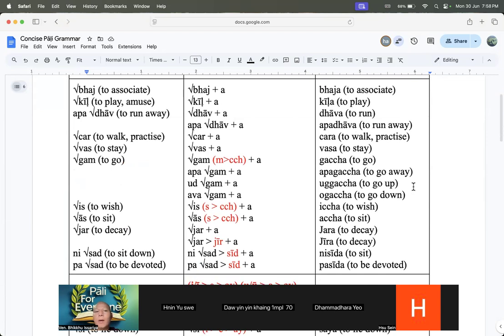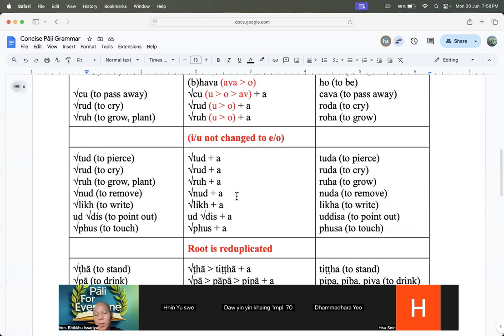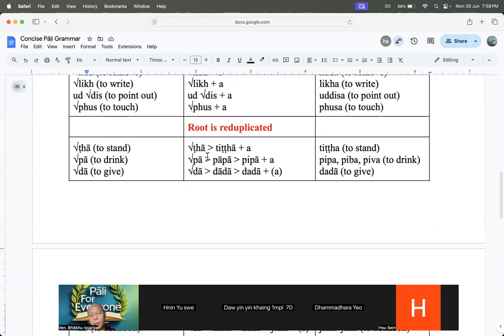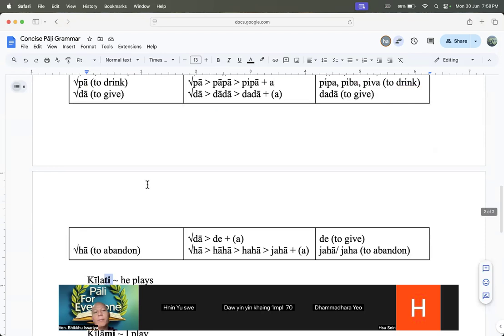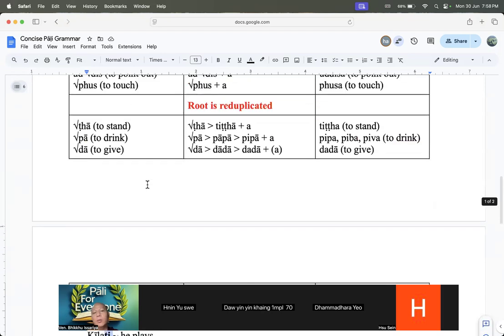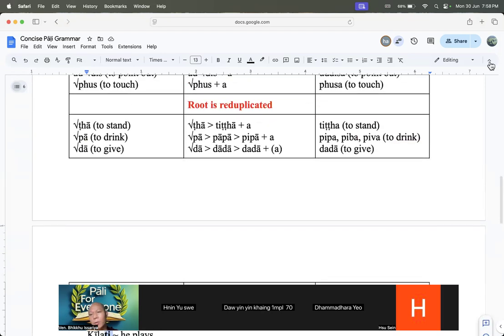For the complete verb form for the present, it is not so difficult, just adding ti, anti, si, tha, mi, ma. Here also are just special roots. We already added them here. Such changes are not so many, maybe only these 4 or 5. All of those special or irregular forms are already added here.